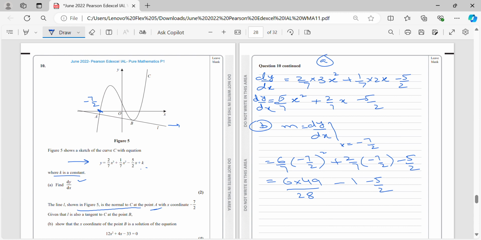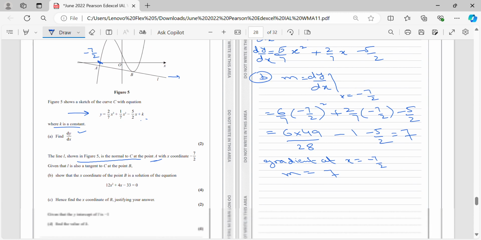So 294 over 28 and minus 1 minus 5 over 2 is 7. So the gradient at x equals minus 7 over 2, which is A, is 7.